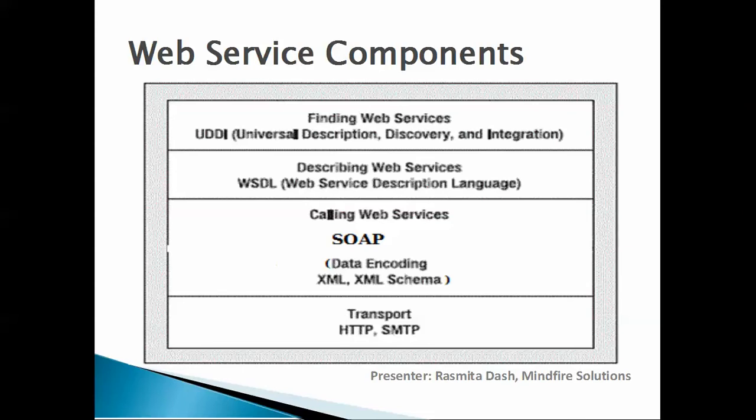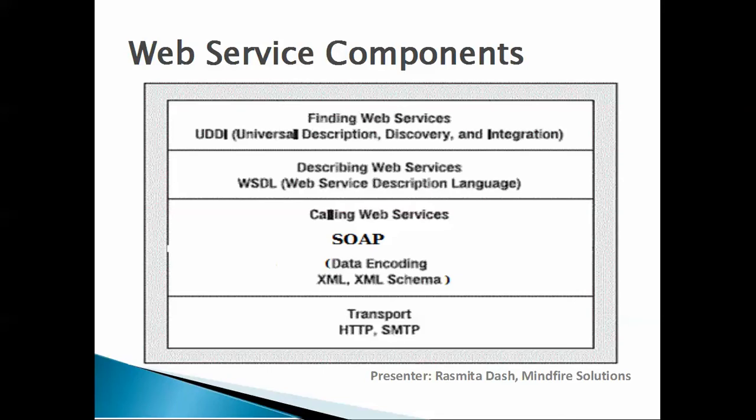So a client application just needs to browse through the UDDI, find the service that it is interested in consuming, then consume that. A particular company can have its own UDDI also, if it wants to keep it proprietary, or a set of companies can have their own UDDI. It depends on their choice.